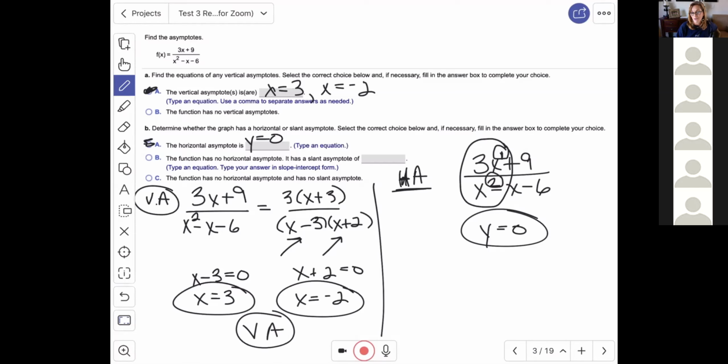That's if they're the same. And the other example would be if it's larger in the top. If it had been x cubed in the numerator over x squared, there is no horizontal. So 3 different possibilities, and it all deals with the exponents. This first one is the one where it's larger in the denominator, and it equals 0. Y equals 0.